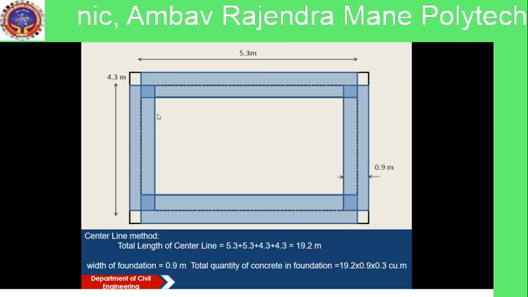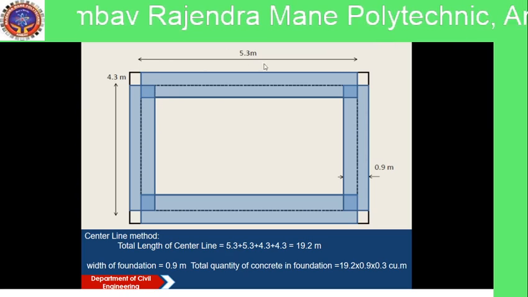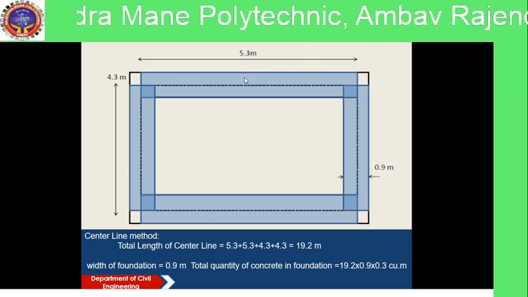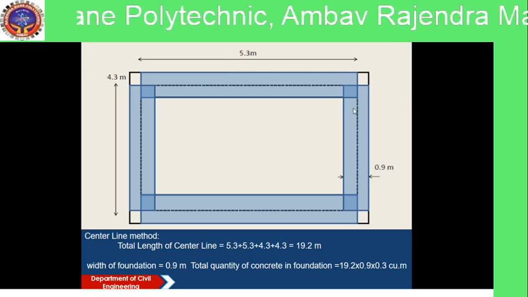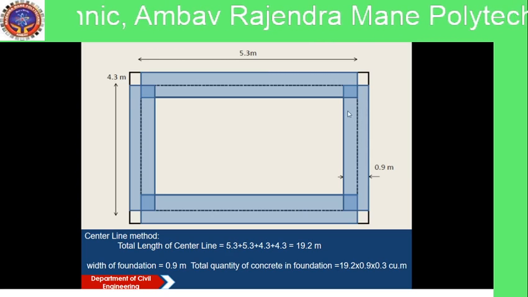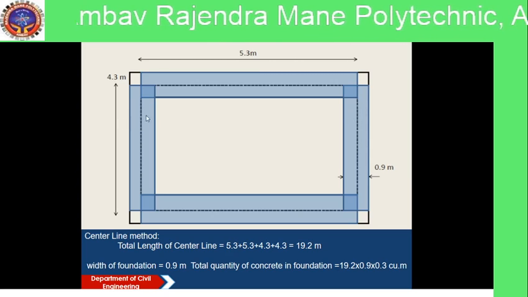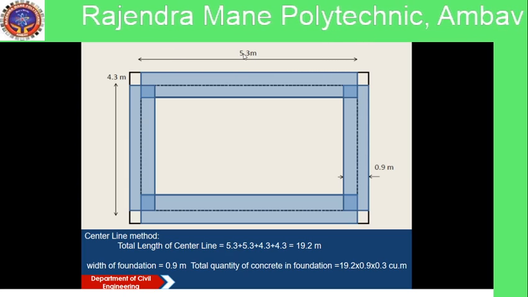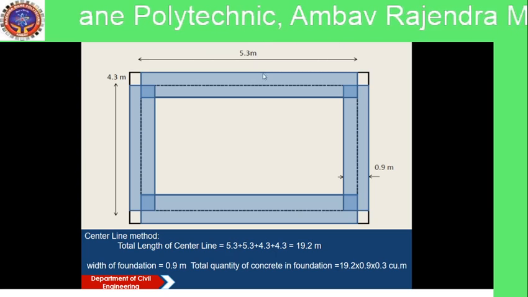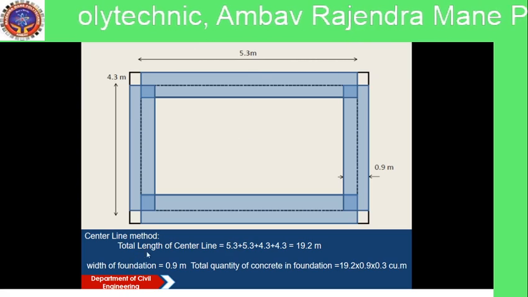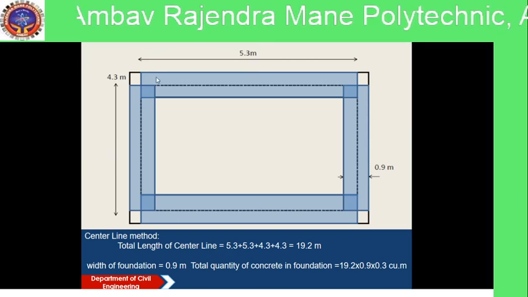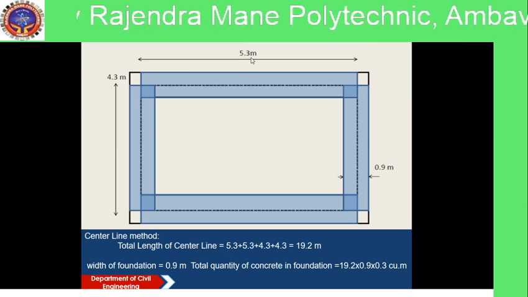So center to center length of the long, sorry, horizontal wall is 5 meter inside plus half width of this side and half width of this side, that means one single width. This is 5 plus 0.3, because 0.3 is the width of the wall, so 5.3 meter.